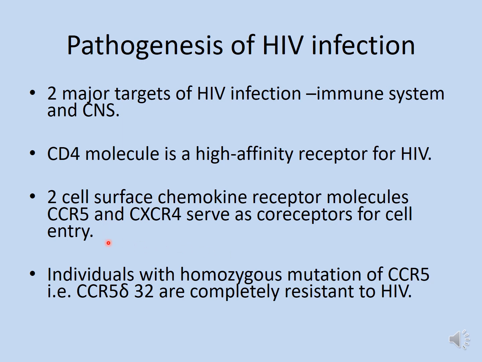So when we talk about these unique individuals who are resistant to HIV, these individuals lack this receptor, CCR5. There is a mutation which leads to the absence of the receptor, and because of the absence of the receptor, the HIV virus does not get detected, and thus the virus cannot affect the individual. This is a very minor component of the population, but this is an interesting fact that I wanted you to know.